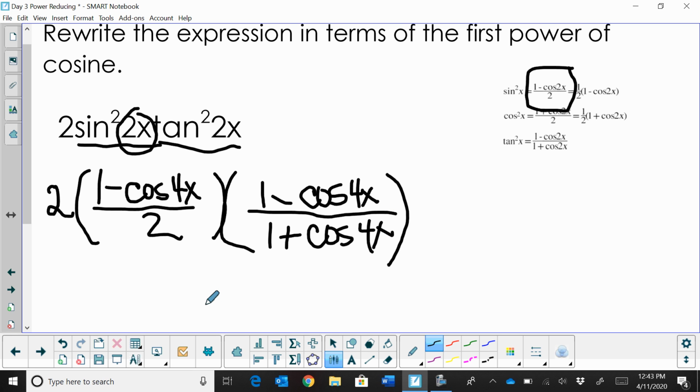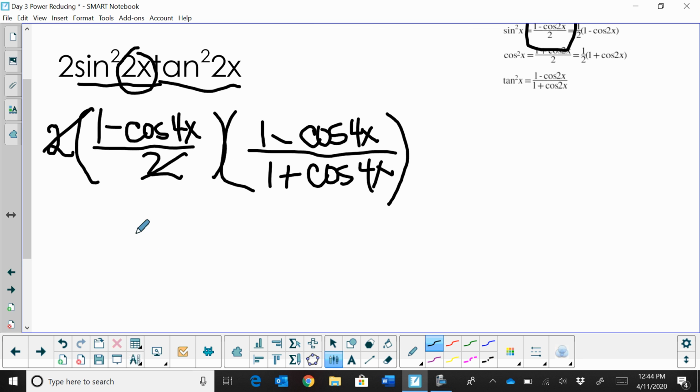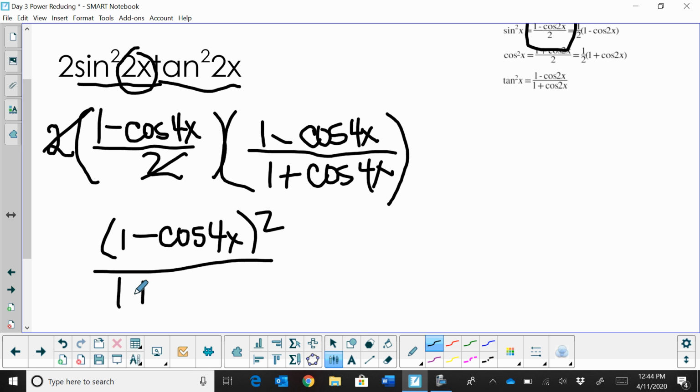Okay, so there's my first step. Now let's cancel out the 2's. That's kind of nice. That 2 is gone. And I end up with 1 minus cosine 4x, quantity squared on top, all over 1 plus cosine of 4x on the bottom.